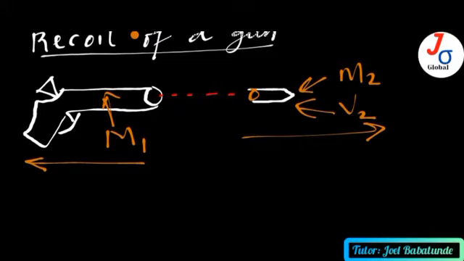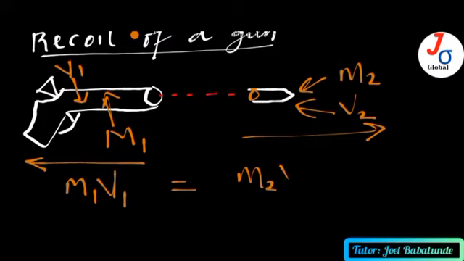Now, the rate at which the gun recoils is called V1. According to our law of conservation of momentum, M1 V1 must be equal to M2 V2. But because one is moving forward and the other backward, this has to be minus.